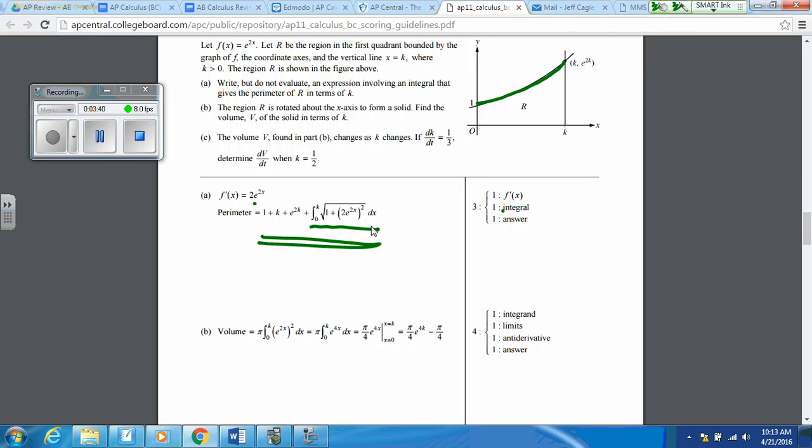So you have all of this right here as f prime. That's a good question. That's a really good question. What's the guiding principle here?